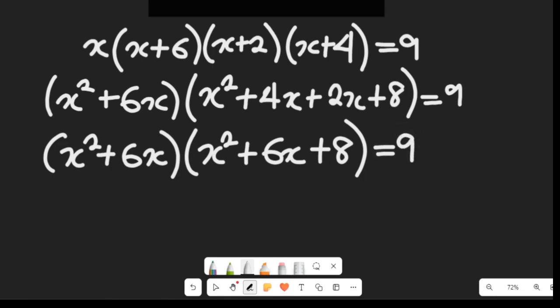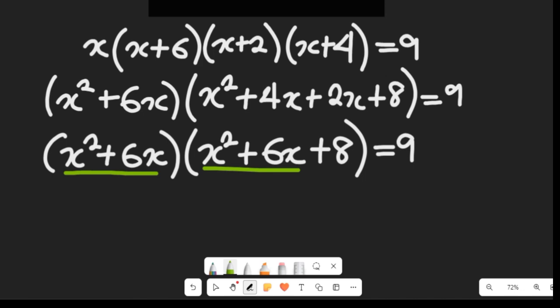Good. Now from this, what do we do? If you notice, we have the same expression, x squared plus 6x, appearing twice.